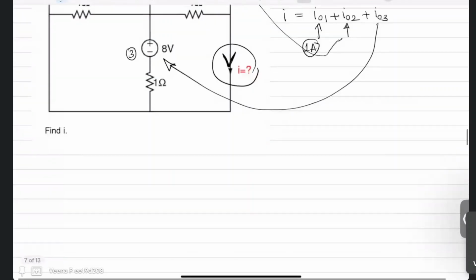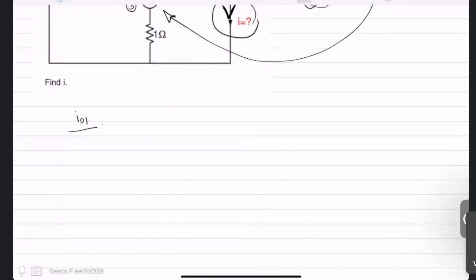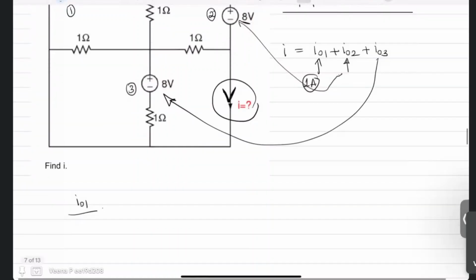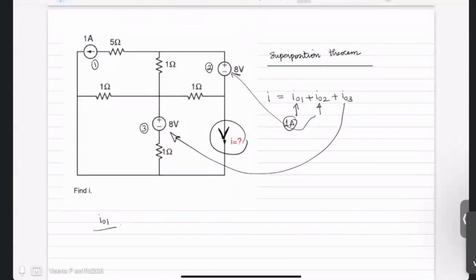When you draw the equivalent circuit for I01, it is a case when only 1 ampere acts. So when only one source acts, what will you do with the other sources? You will replace them with their internal impedances. In the previous case, when we were discussing Thevenin's equivalent resistance, for circuits which have only independent sources, you find your R Thevenin by replacing the independent sources with their internal impedance.